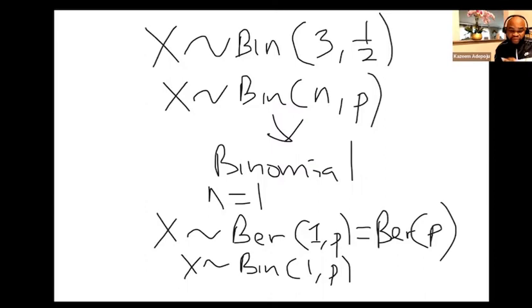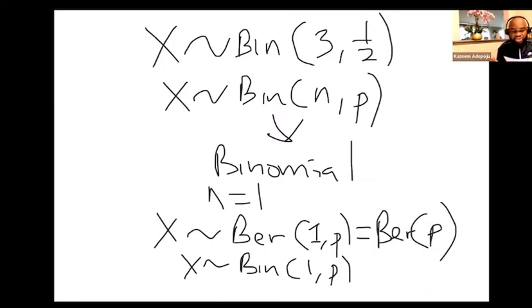I'm going to tell you the difference between the two now, because I want to use this as an example in the change of variable. Whether binomial or Bernoulli, we use that as a probability distribution to model dichotomous outcomes. When you perform an experiment and there are only two possible outcomes, we use either binomial or Bernoulli.